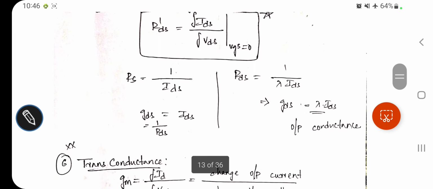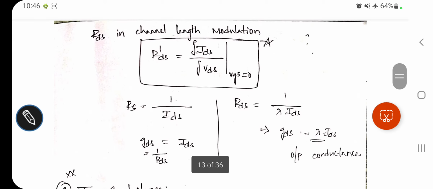Okay, now thus 1 by RDS is equal to GDS, that is drain conductance. Output conductance is also called GDS. RDS is equal to 1 by lambda IDS here.